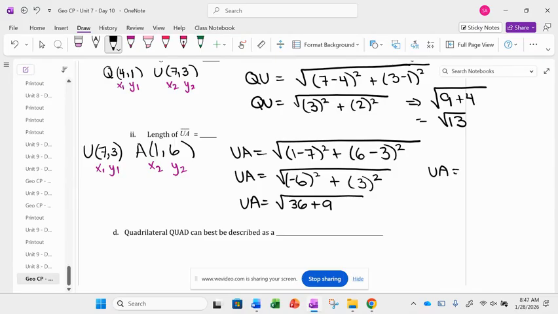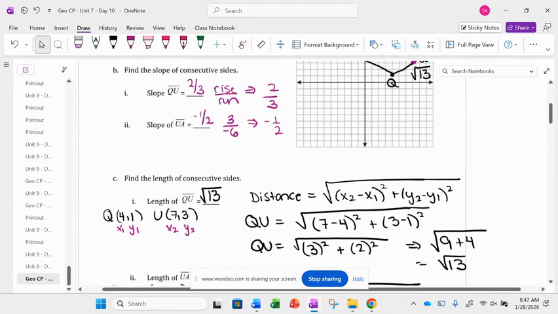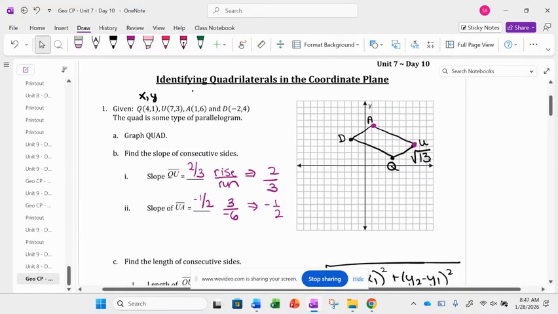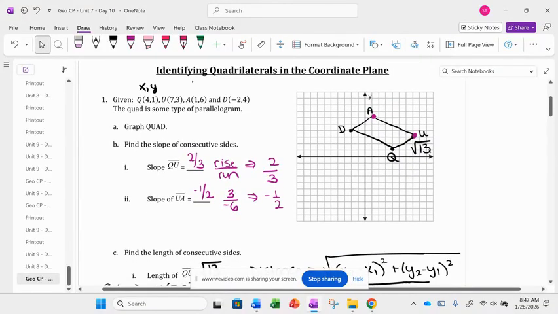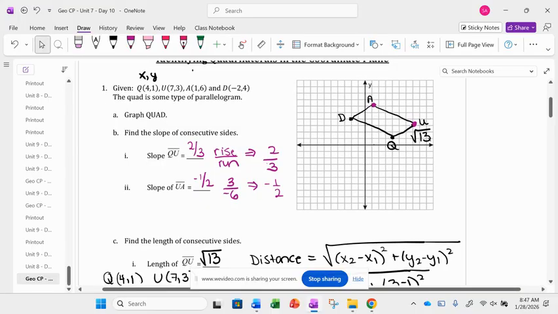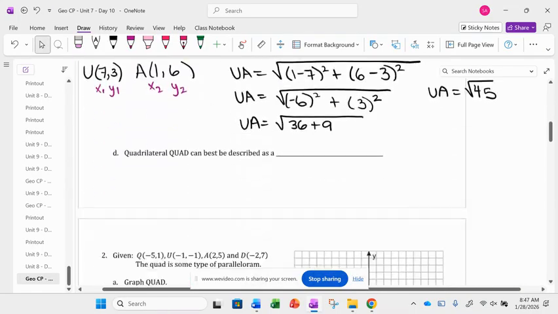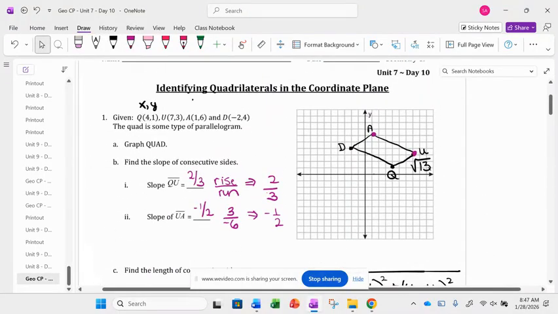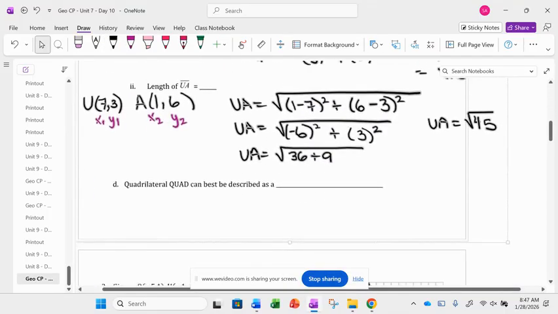So UA is going to be the square root of 36 plus 9, which is 45. So then which one is this? I'm going to label it UA.